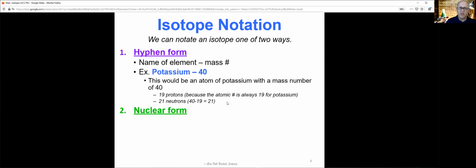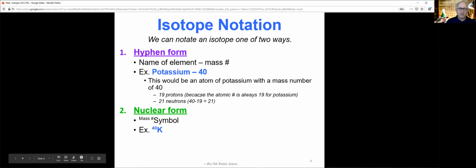The other way to note an isotope is what's known as the nuclear form. The nuclear form takes the mass number and puts it superscript before the symbol. And remember, superscript is a smaller type size to the upper part of the outside of a letter or symbol.